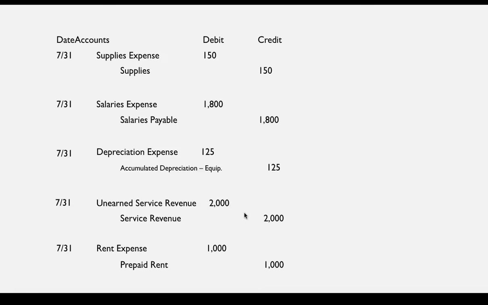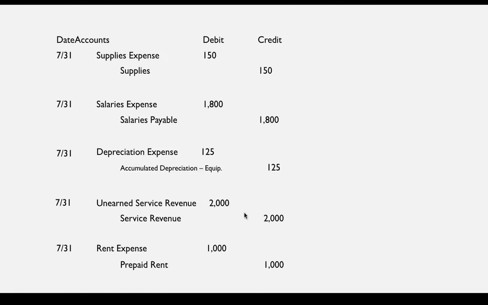Your service revenue increased, right? Because we earned some service revenue here. So that increased and should now be $17,000. Salaries expense increased. That's now at $3,800.